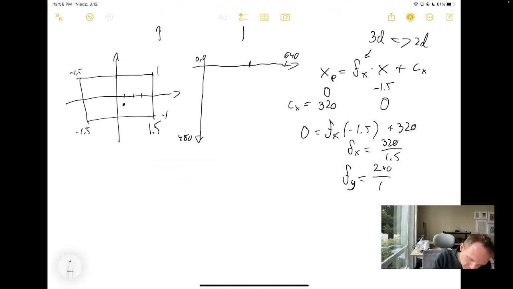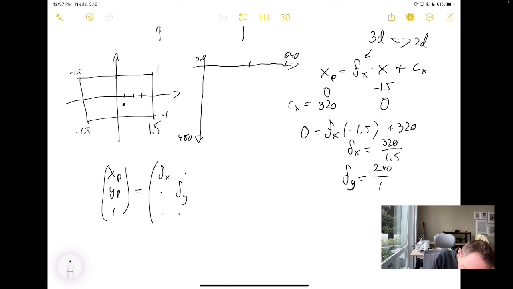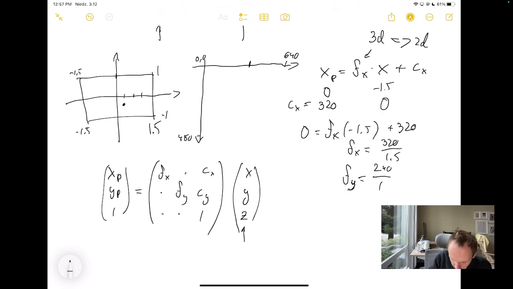We can write this like this. xp and yp is, so it's commonly written out in this form: fx, 0, cx; 0, fy, cy; 0, 0, 1, and then times x, y, z, and z is sort of assumed to be 1.